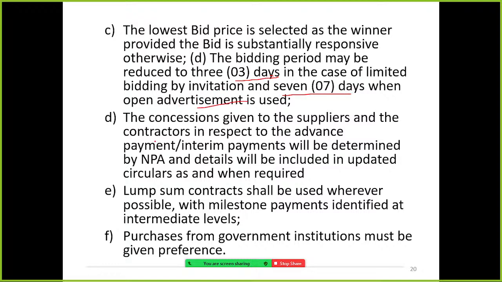The concessions given to the suppliers and contractors in respect of advance payment and interim payments will be determined by the National Procurement Agency, and the details will be included in updated circulars as and when required. The lump sum contract shall be used wherever possible, with milestone payments identified at intermediate levels.